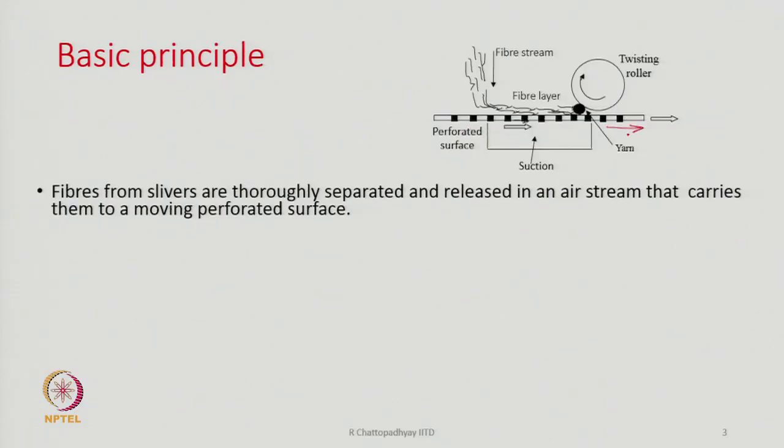This is the perforated surface which is moving on the right hand side, and the fiber stream is here. So, we generate a stream of fibers, and the stream of fibers will be landing on a perforated surface.